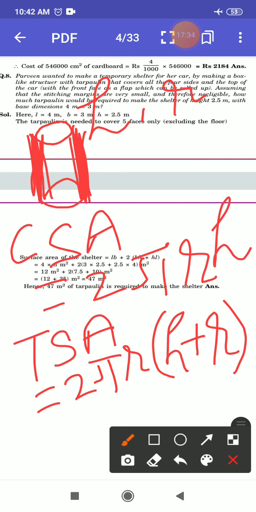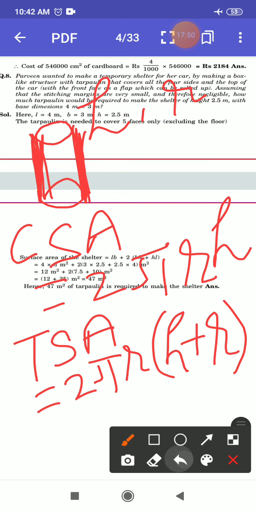If you have to find this and this value both, then you have to use the total surface area. If you only have to find this value, then you have to use the CSA, curved surface area.